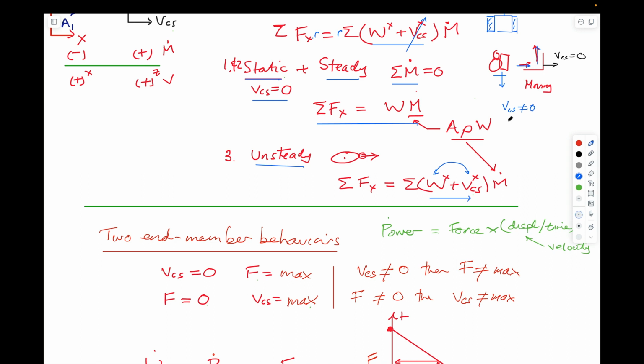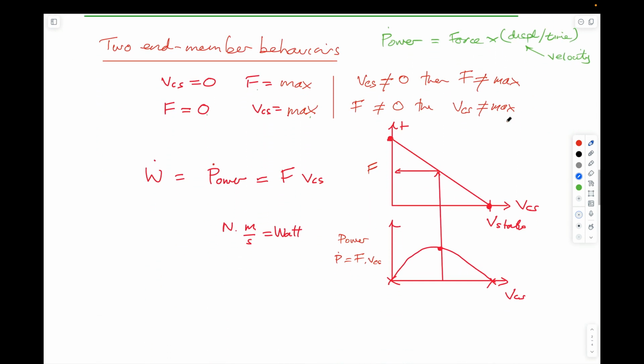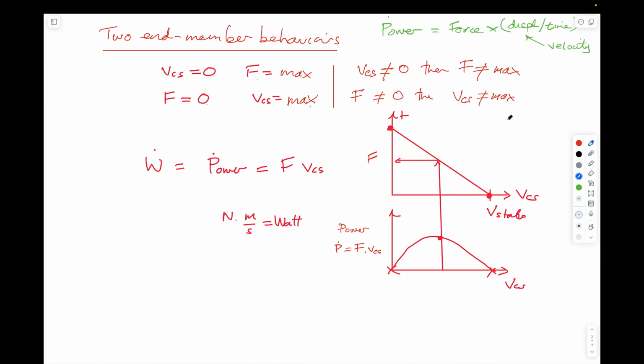Those two end member conditions define the behavior of a system, either clamped or released. When you hold it static, the force that's generated will be a maximum. And the converse, if the force is released, then the velocity of the system will be a maximum.